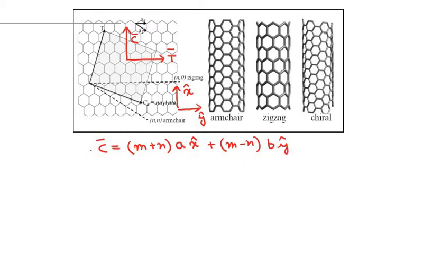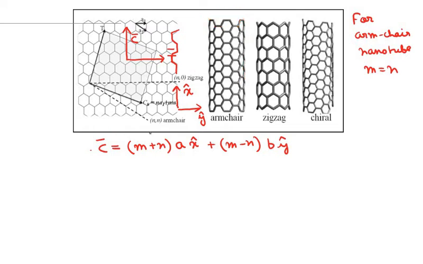So for an armchair nanotube, m is equal to n, and this line is exposed, and since it looks like an armchair, we call it an armchair nanotube.